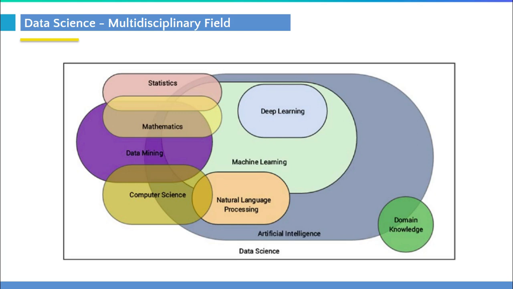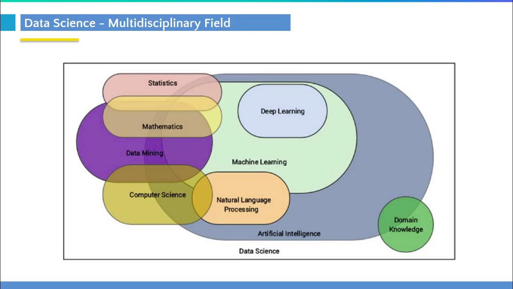There are so many fields to study as part of data science. We will touch upon the most important aspects: statistical modeling and machine learning, some bit of artificial intelligence, and deep learning.